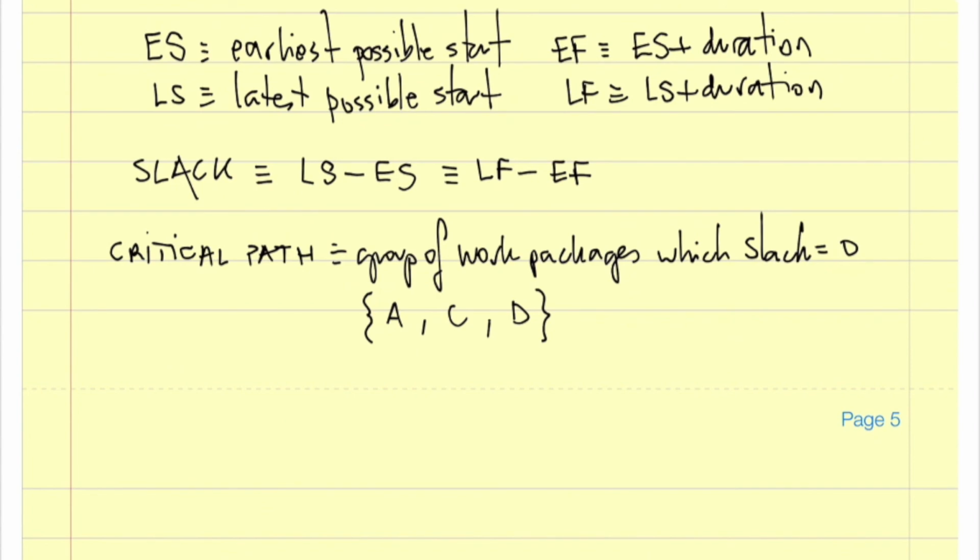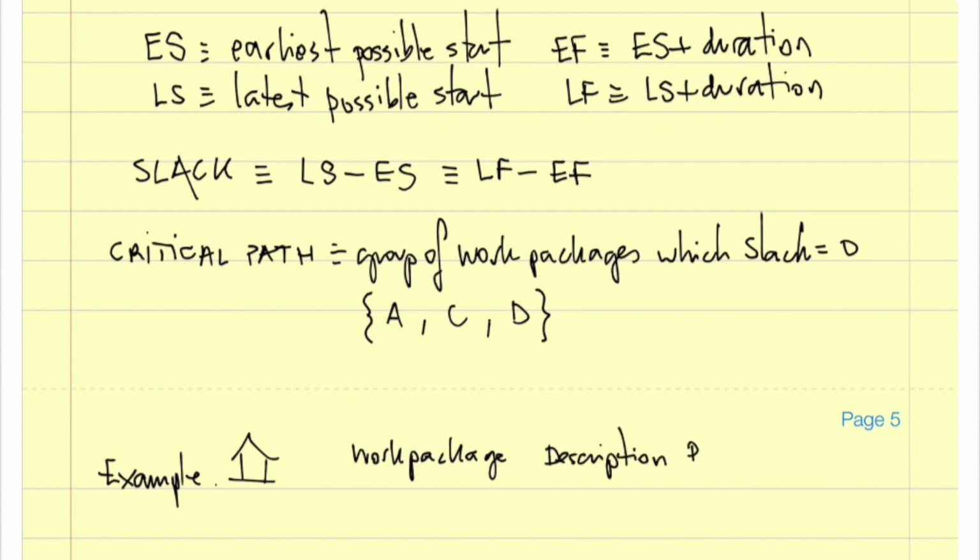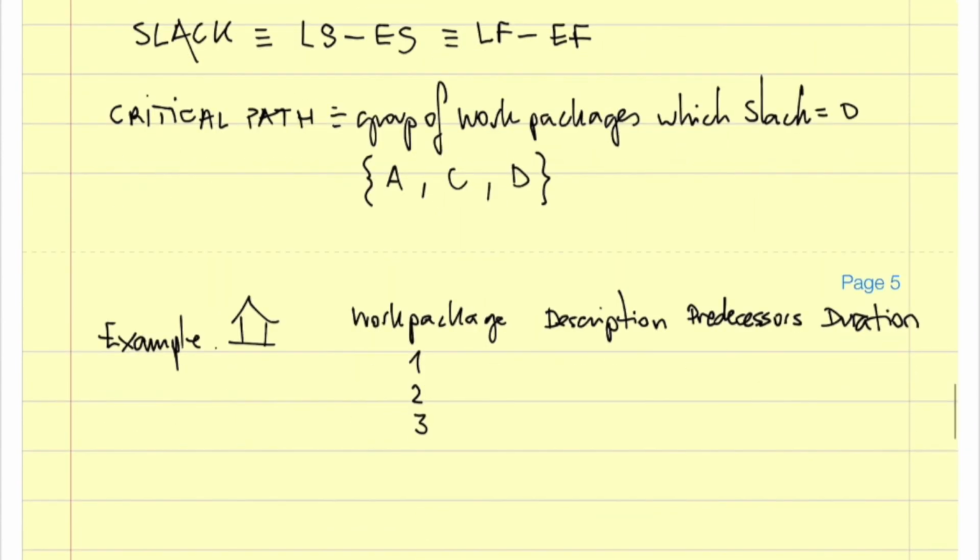So I give you one example for home. And of course, this is just voluntary. Let's say work package, description, predecessors, and duration. So work package 1, 2, 3, 4, 5, 6, and 7.